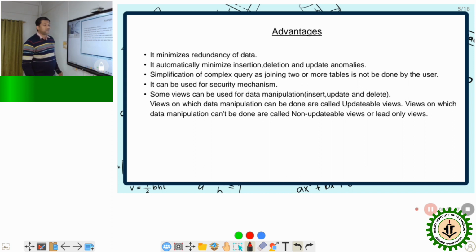Some views can be used for data manipulation. Views where data manipulation can occur are known as updatable views. Views where data manipulation cannot be done are known as non-updatable views.